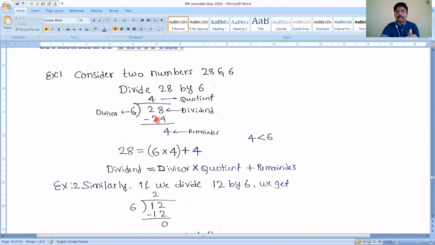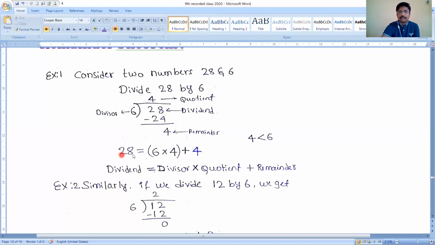Now subtract: 28 minus 24, how much do we get? 4. This 4 is the remainder, which should always be less than the divisor. Therefore 4 is less than 6, that is, the remainder is less than the divisor. Now the above division can be expressed as 6 into 4, 24, plus 4, which is 28.